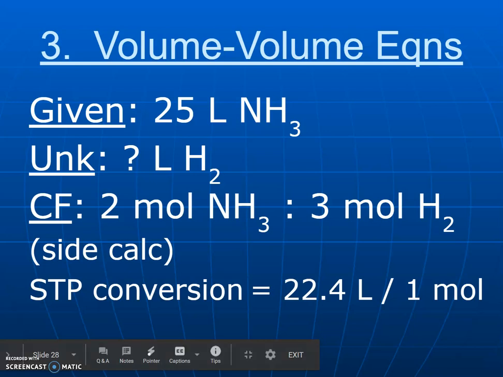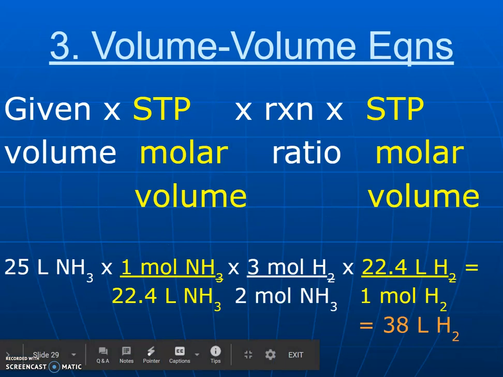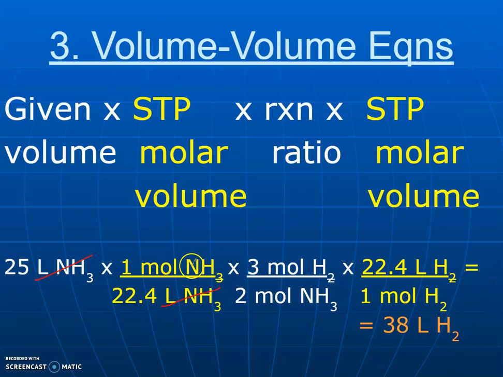All right, so here we are going over the problem again. We have our 25 liters given, our liters of H2 unknown. This is our conversion factor, our mole-mole ratio, and we know it's always 22.4 liters per mole. And then we go through the steps again. We first put down our liters of NH3 that's given and cancel out the liters of NH3 on the bottom, having 1 mole of NH3 up top.